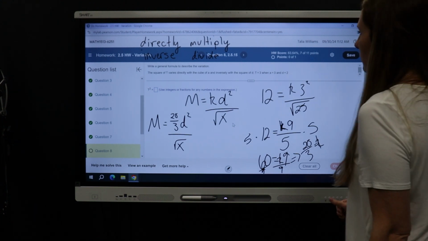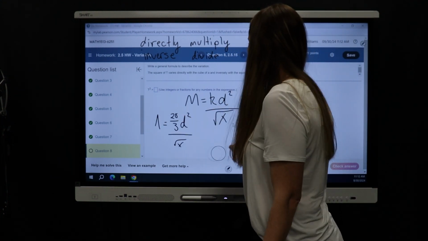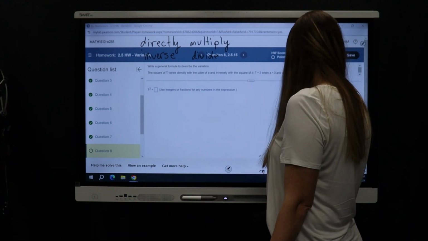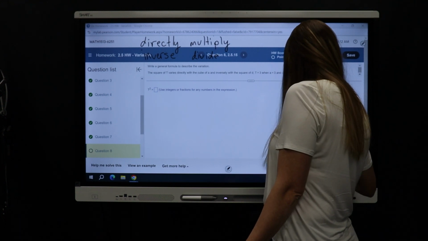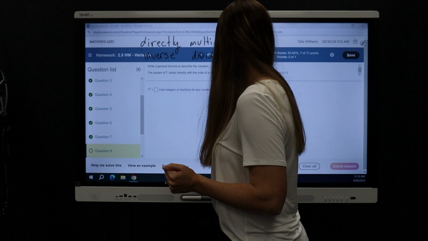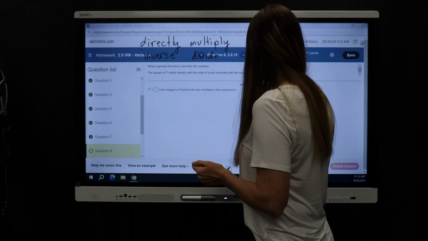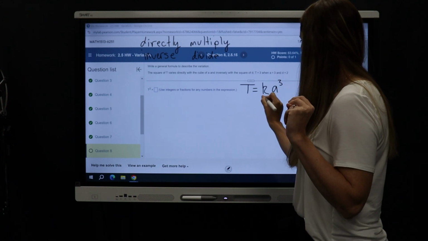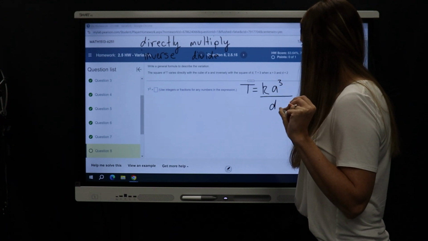The square of t varies directly with the cube of a and inversely with the square of d. Oh, t varies directly with the cube of a, so a cubed, and inversely with the square of d.